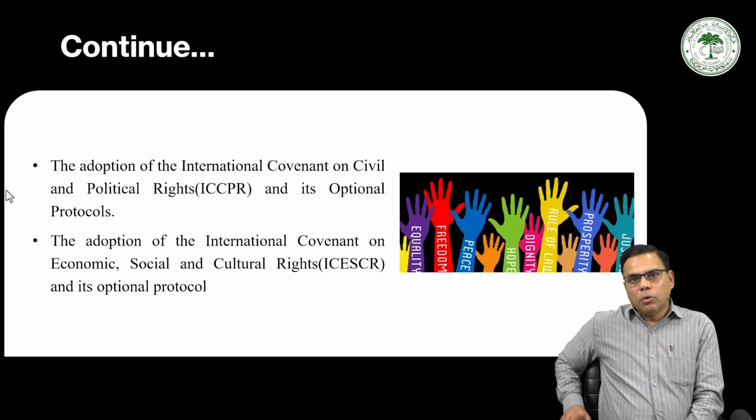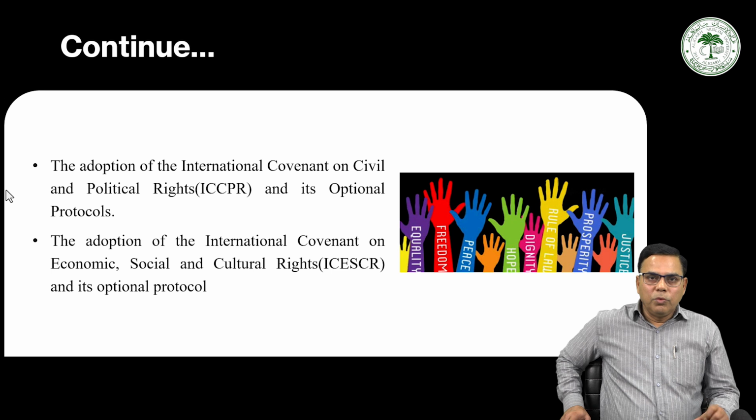So when we are discussing this International Bill of Rights, what do we mean by International Bill of Rights? International Bill of Rights means, first of all, number one, the UDHR, that is Universal Declaration of Human Rights, which was adopted on 10 December 1948.